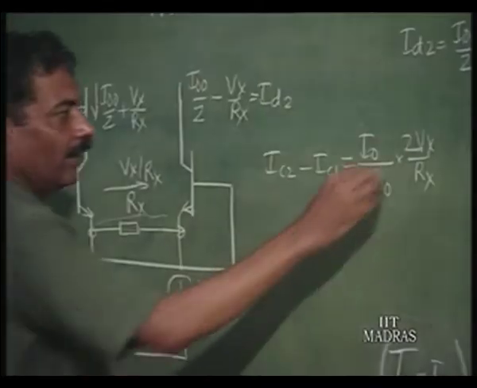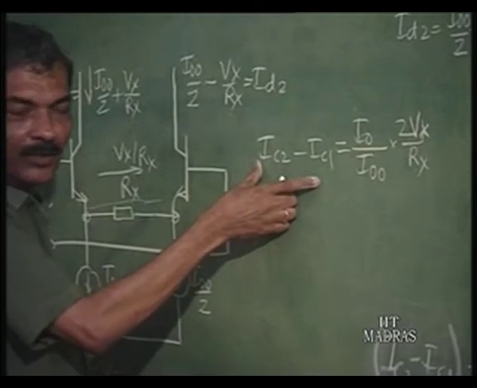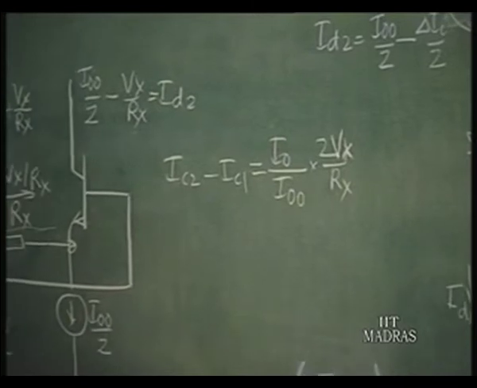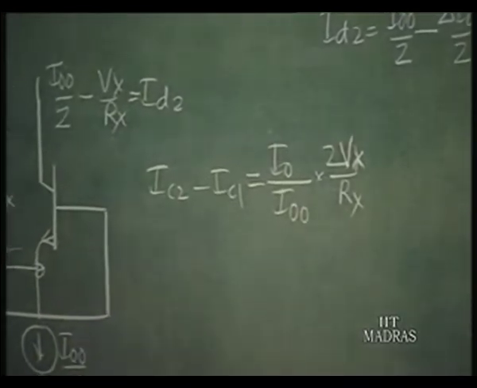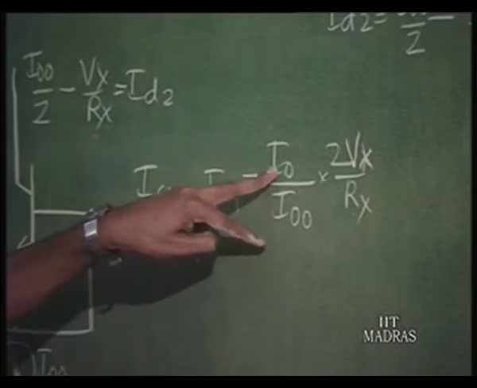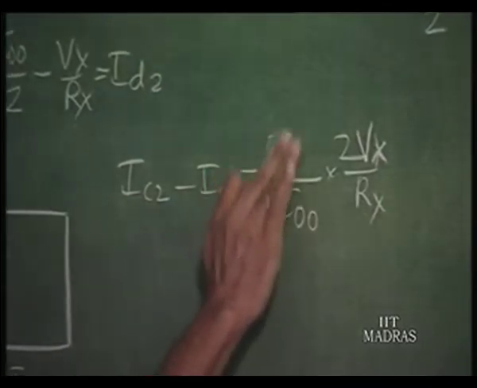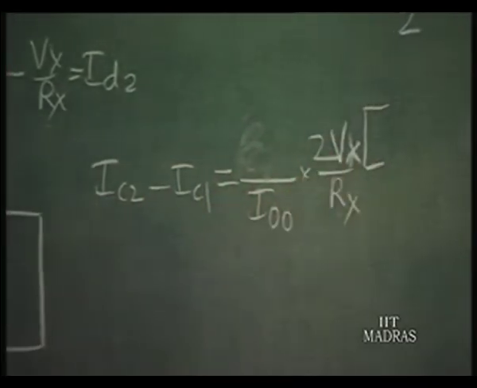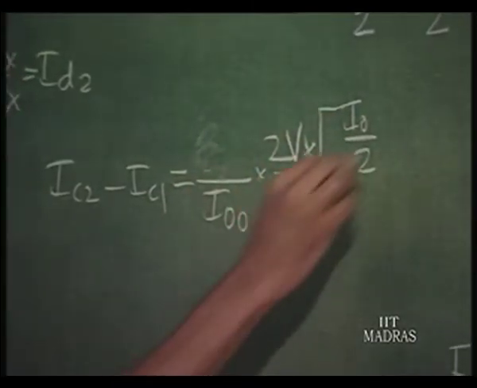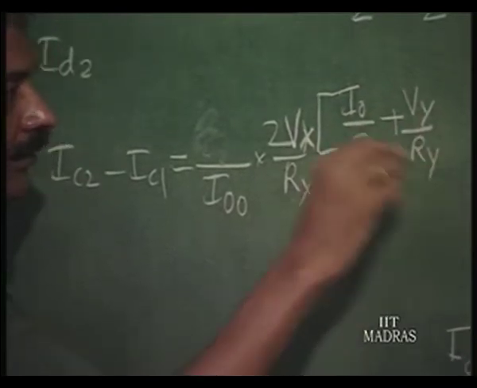So, we are able to now get Vx here. The differential output current is directly dependent upon Vx now, and we want it to be multiplied by another voltage. What can we do? Obviously, there is only one choice: I naught has to be dependent upon another voltage. Let us say that I naught is equal to I naught by 2 plus Vy by Ry.